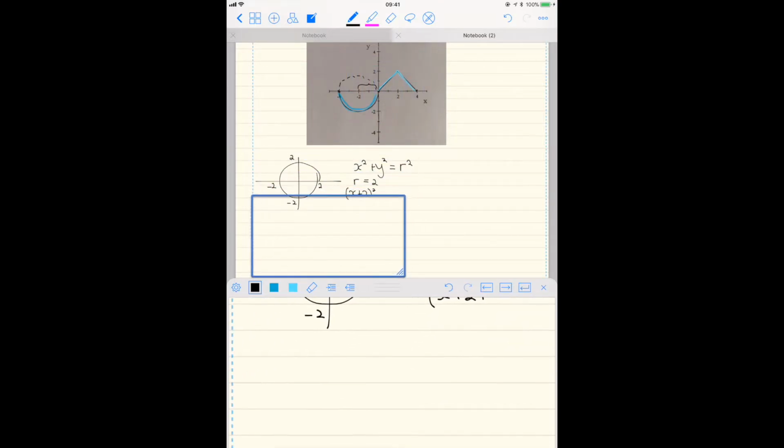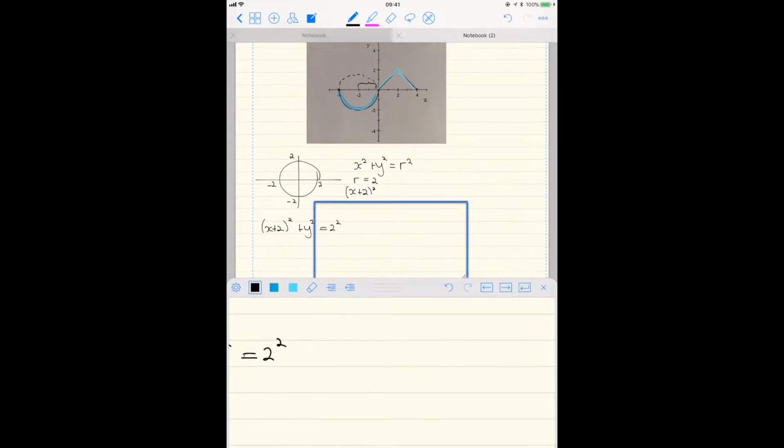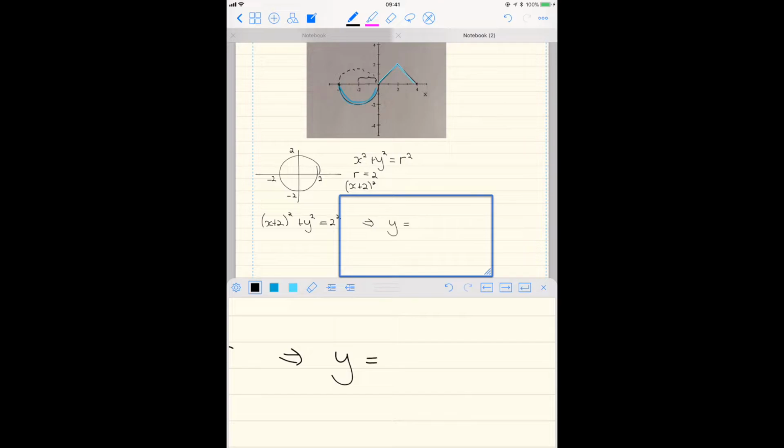So then if it was a full circle that looked like this, we would have (x plus 2) squared plus y squared is equal to 2 squared. But now we're working with a half circle, so we're going to use the square root sign to manage that. So we're going to have y is equal to the square root of 4 minus (x plus 2) squared.